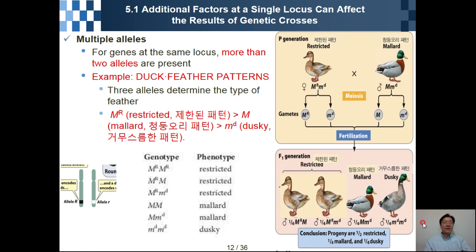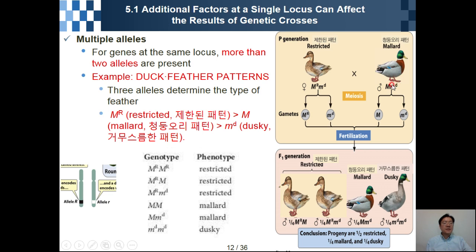Okay, in this case the mother is large MR, small md, so they will show the restricted pattern, meaning their feather is yellow brown. How about the father? The father is the mallard, and the genotype is large M, small md.